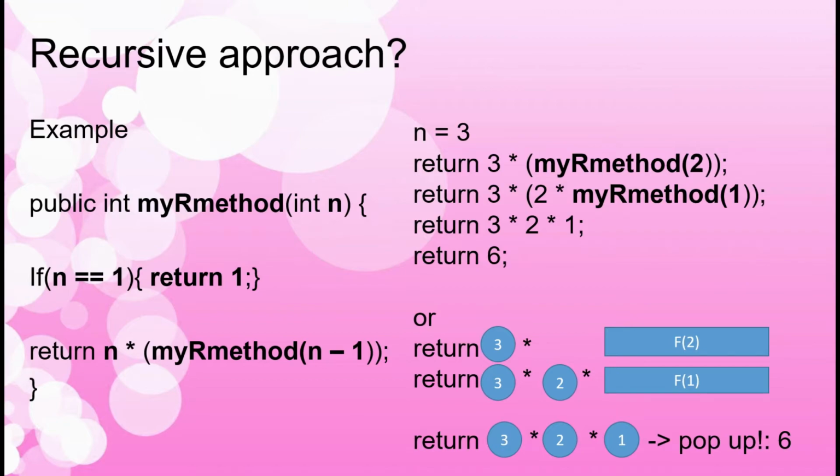So you just save this 3 in a stack. Then you run the f2 method. When I write f, I mean my recursive method. The f2 gives you 2 multiplied by f1, because 2 minus 1 is 1. So you just put this 2 in the stack.